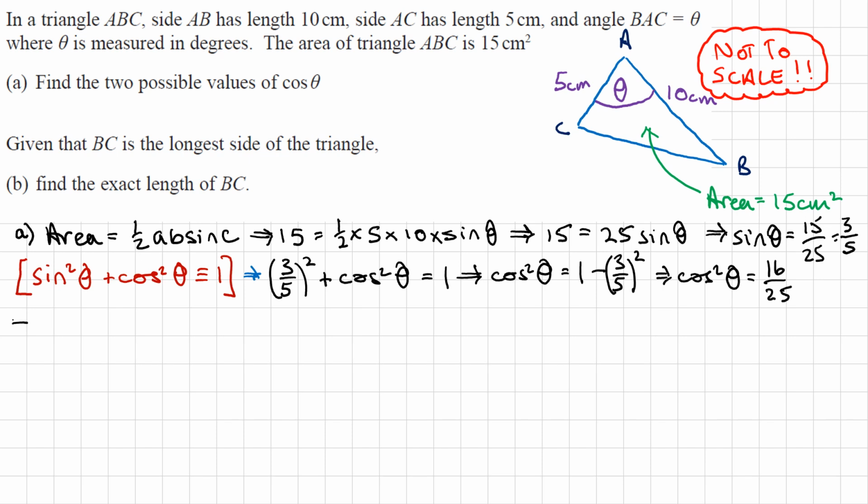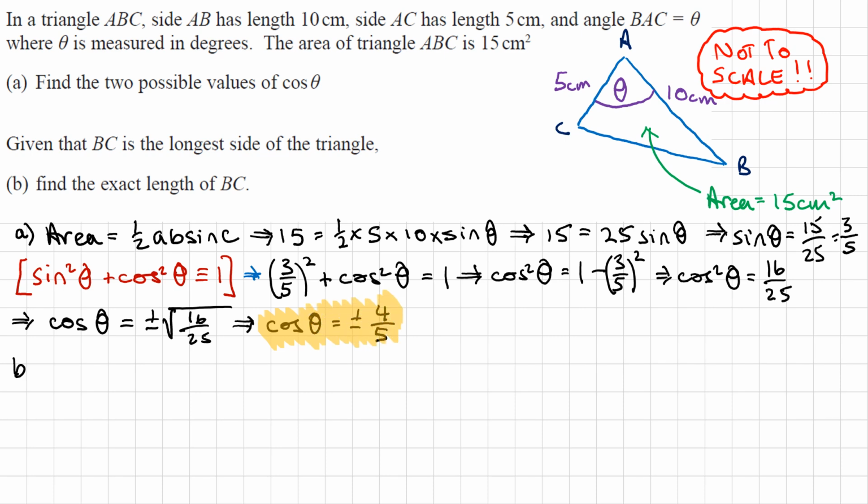And I want cos theta, so I'm going to square root it. So cos theta is equal to plus or minus the square root of 16 over 25. I can see from that I've got some nice numbers here to square root. Cos theta is equal to plus or minus root 16 over 25, which is 4/5. So these are my two possible values for cos theta: positive 4/5 or negative 4/5.